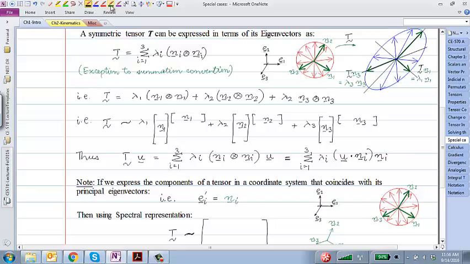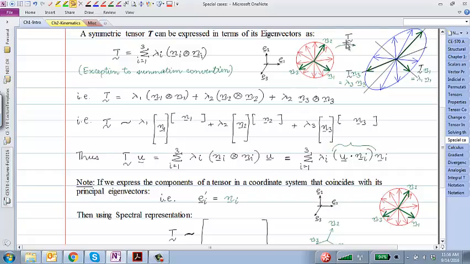And the reason that this is interesting is because U dot with Ni, what is that? Component of U in the Ni direction, right? So I just said here that if I have this tensor that takes these arbitrary vectors to this blue ellipsoid, there are these three directions.